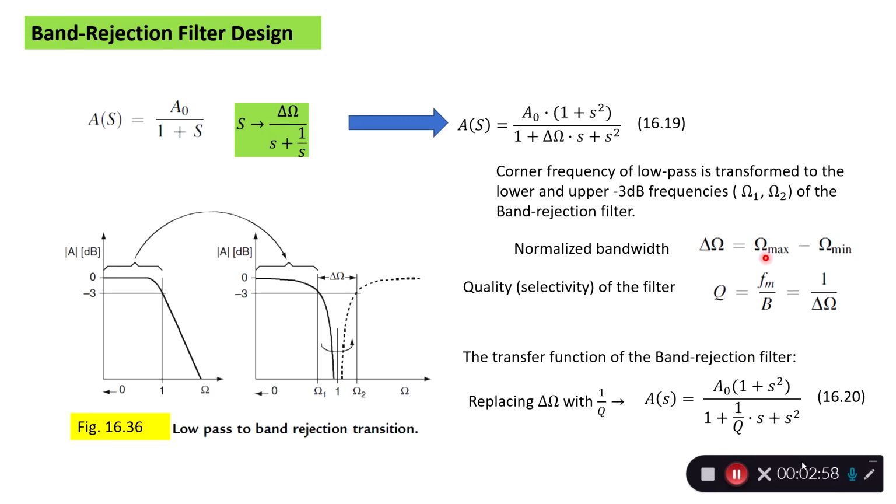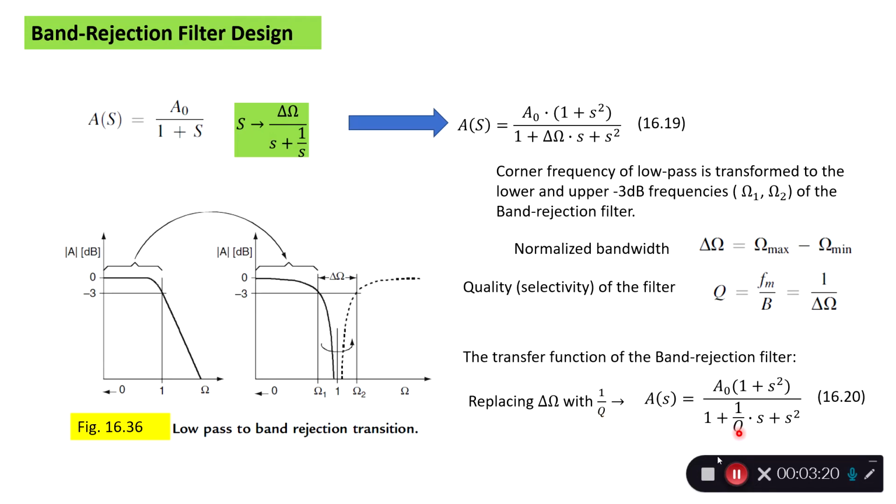So designing these kinds of filters, we normally use Q and delta omega. So we replace it here in this transfer function with 1 over Q. So omega and Q are related to each other with the inverse.